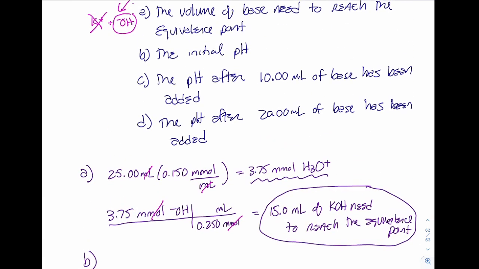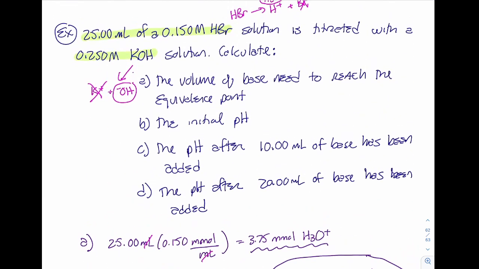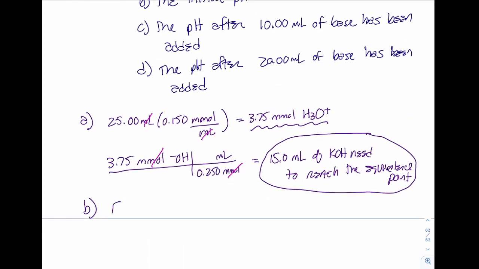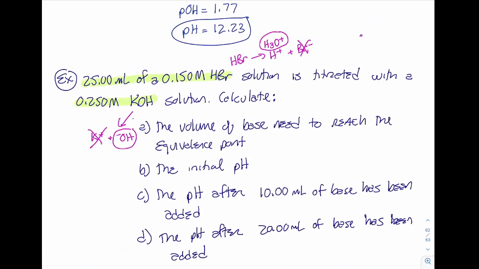Part B, we want the initial pH. It's just a strong acid, so remember whatever your concentration of your strong acid is, that is your concentration of hydronium ions, right? Completely dissociated. We already showed that up here, right? HBr, arrow going in one direction, hydronium ions.